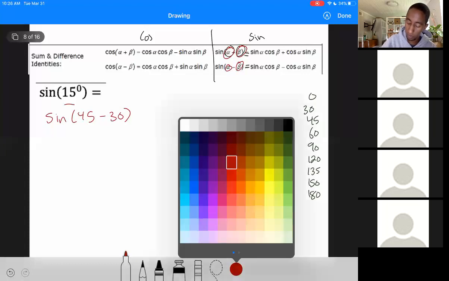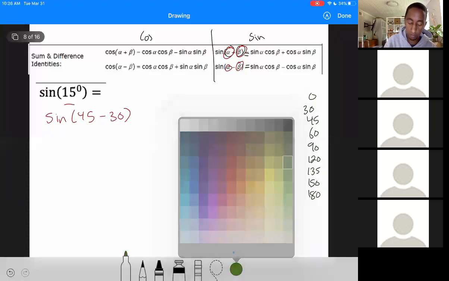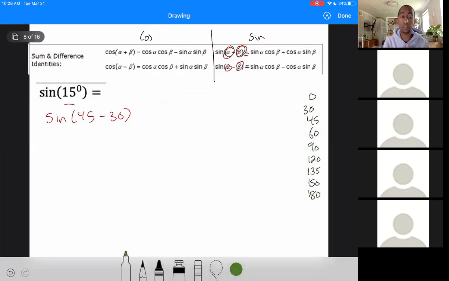Sine of 45 minus 30. Because we know what sine of 45 is and we know what sine of 30 is. So the difference identity there allows us to separate it. Then that equals this.